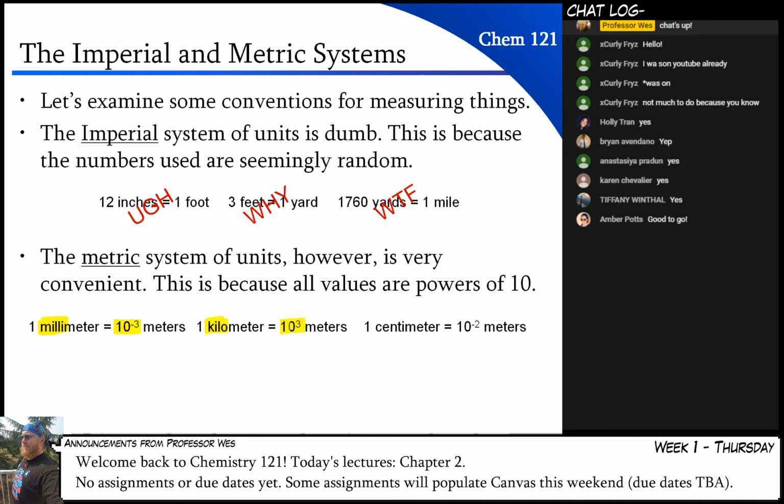Kilo and 10 to the positive 3, or 1,000, are the same thing. Centi and 10 to the minus 2 are the same thing. That's really convenient for us because if we want to do dimensional analysis and convert from millimeters to meters, all you have to do is memorize these conversions, and that's not difficult to do because there's only like 6 of them.